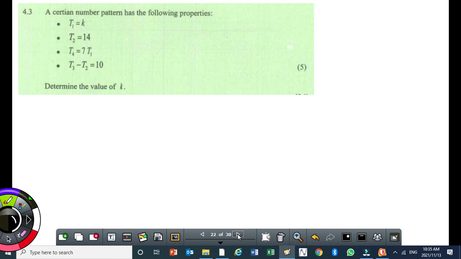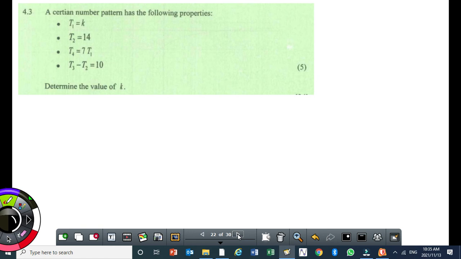We don't know. But the question says T1 is equal to K, T2 is equal to 14, T4 is equal to 71. Right? T3 minus T2 is equal to 10. So we need to determine the value of K. Okay?